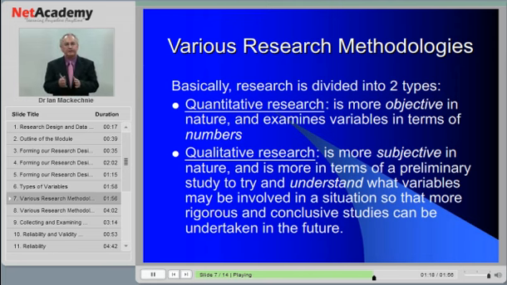It may be that in a particular work situation, in a particular business situation, we know that there is an area which we wish to examine, but we may not be sure just what variables, what factors influence a particular situation. So a qualitative research may be done to try and understand more clearly what is going on, what variables are involved, so that out of that study we can do a more rigorous and more conclusive study in the future.